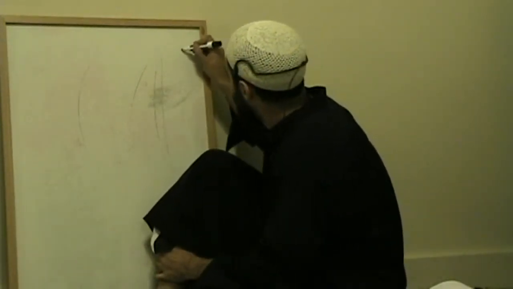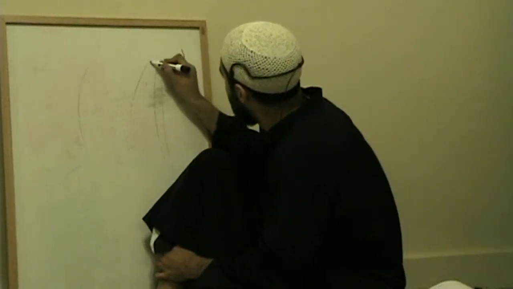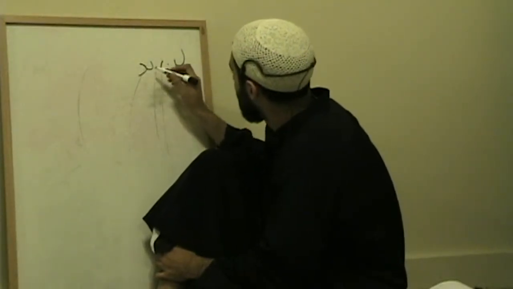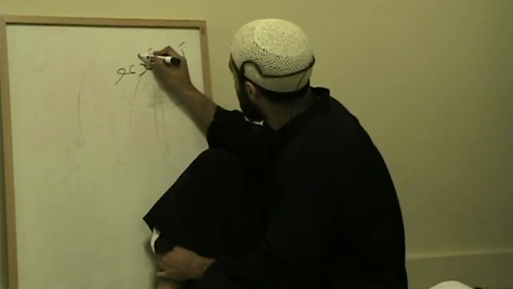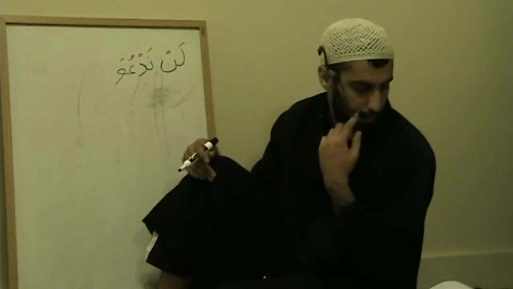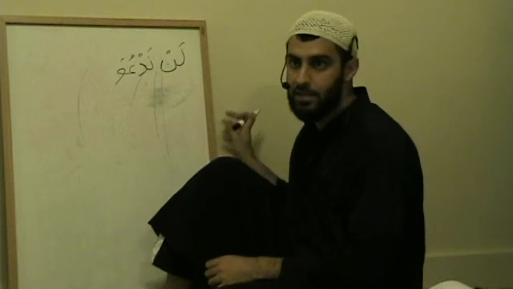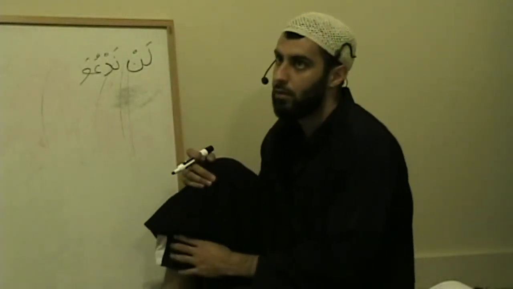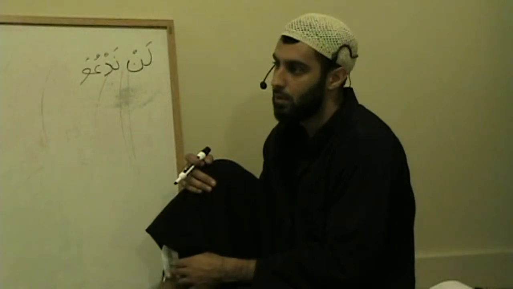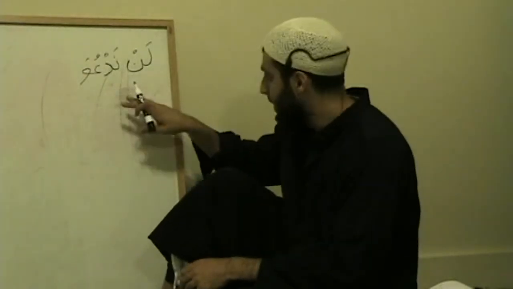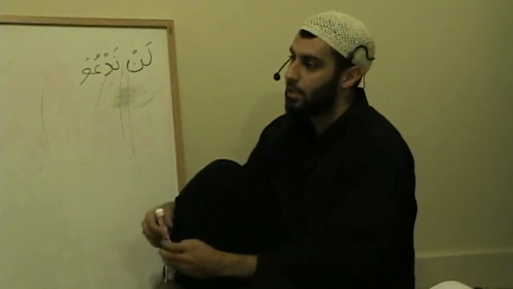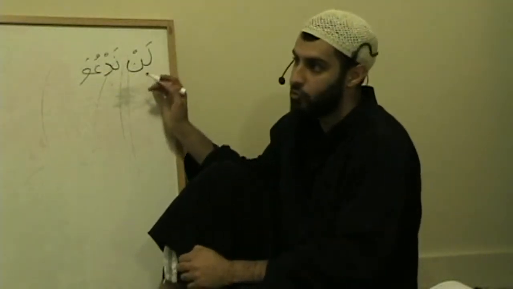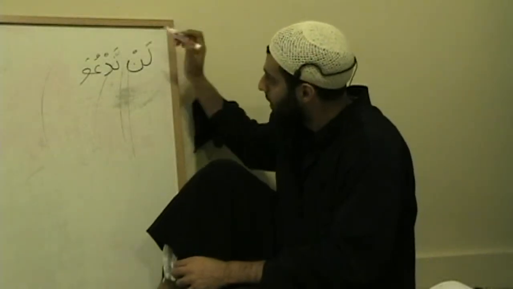Now let's say we have, how about this? We have a noon sakin followed by another noon. This one is actually the definition of a shadda. We have 2 noons back to back, and this is going to be an idgham. So we assimilate the first noon into the second one.